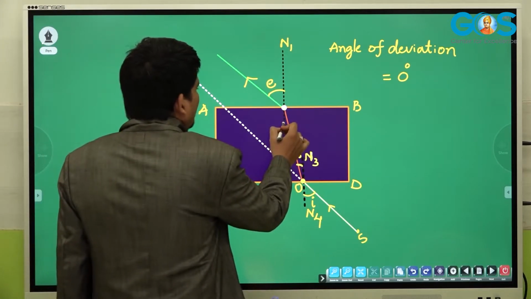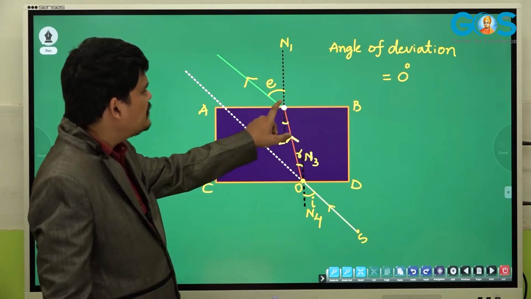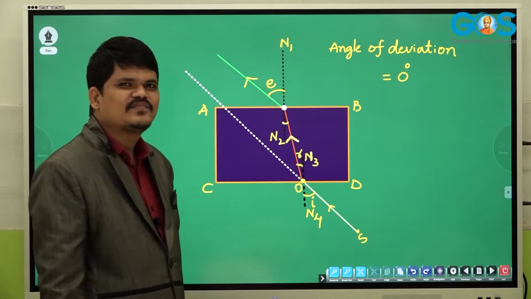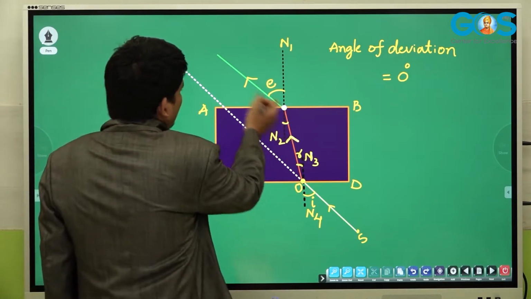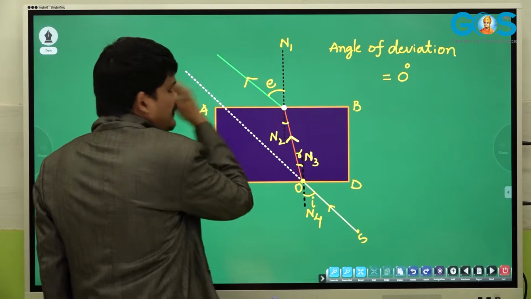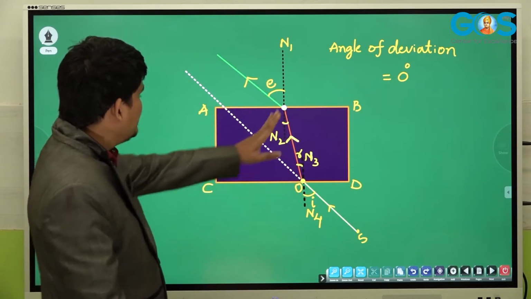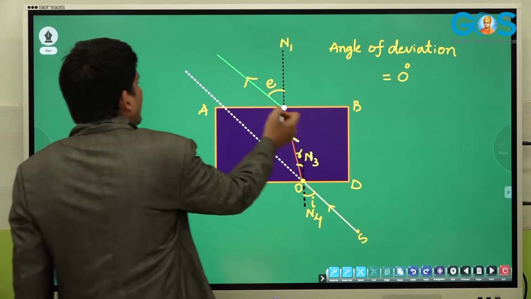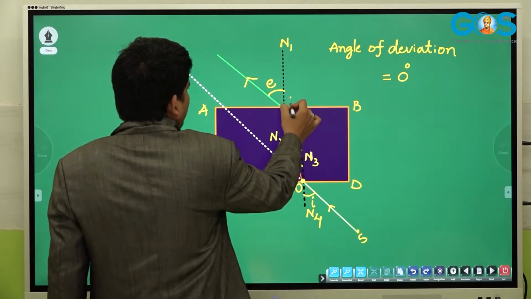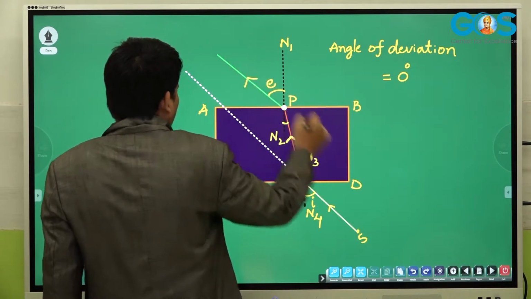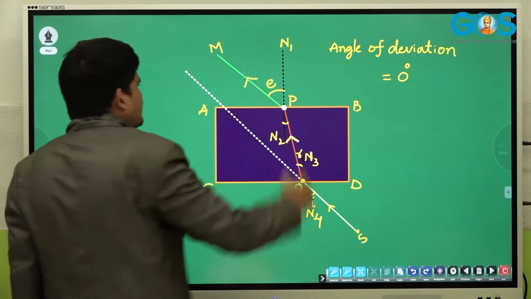Again, as it is moving from denser to rarer, the ray deviates away from the normal. This ray is called the emergent ray, and here we can mark it as P and M. So PM is the emergent ray.